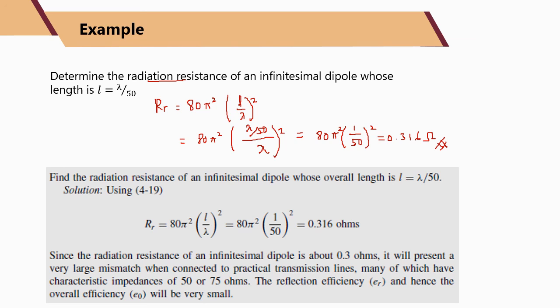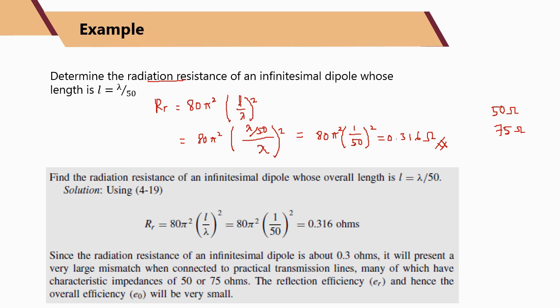Okay, if we compare the radiation resistance to a practical transmission line characteristic impedance, usually the practical characteristic impedance of the transmission line is either 50 ohm or 75 ohm. But for the given problem, the radiation resistance is very small.